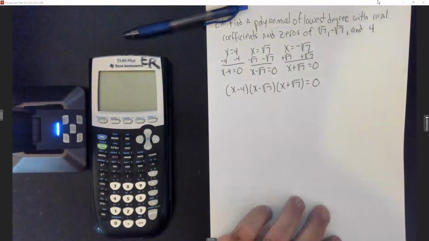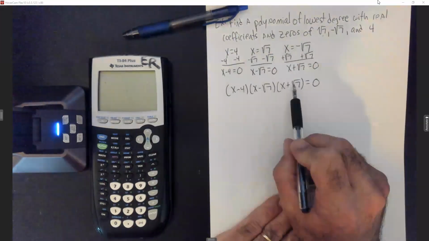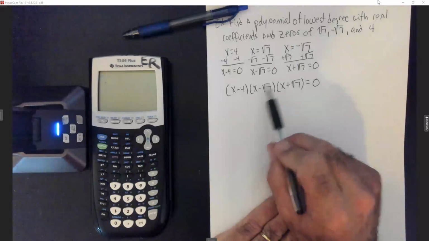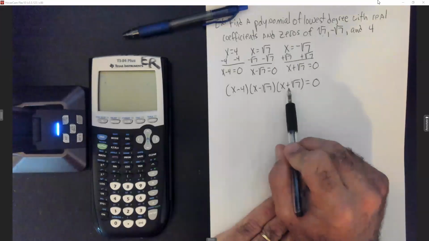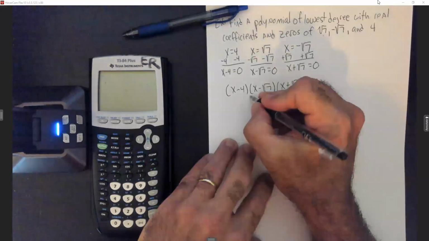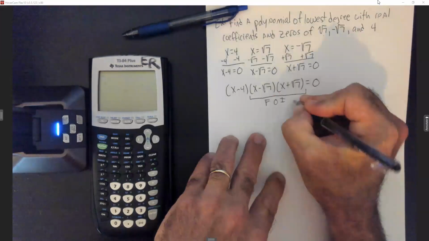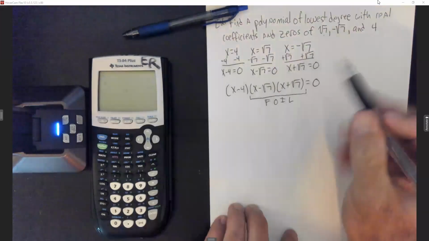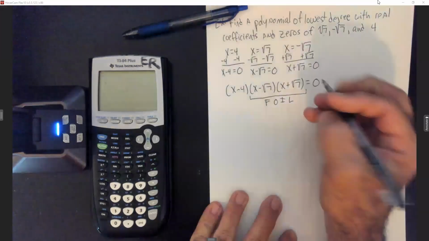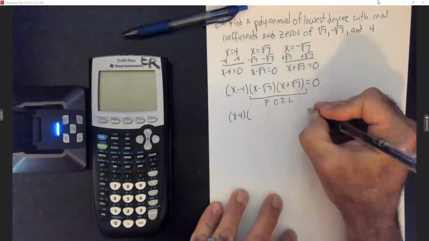We get to start foiling. These are conjugate pairs. Conjugate pairs always look the same other than one's being subtracted and one's being added, okay? And when you're dealing with radicals, just like the imaginary numbers, that's the first thing you want to FOIL. Because when I FOIL conjugate pairs of radicals, it'll get rid of those radicals. So bring down your x minus 4.